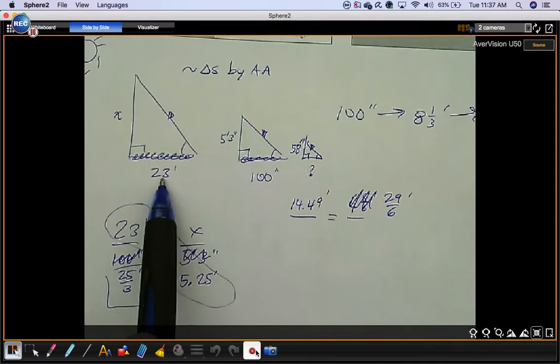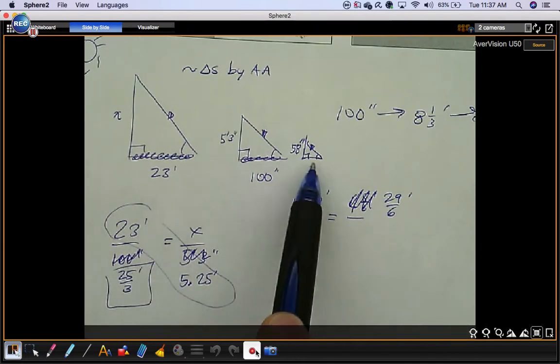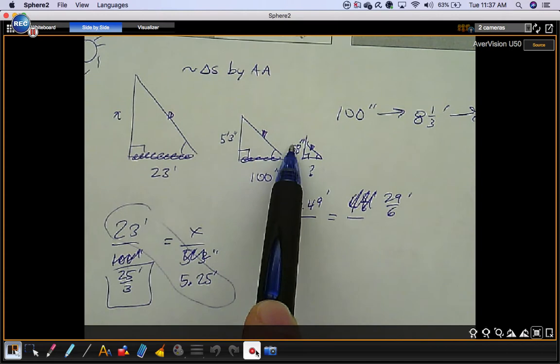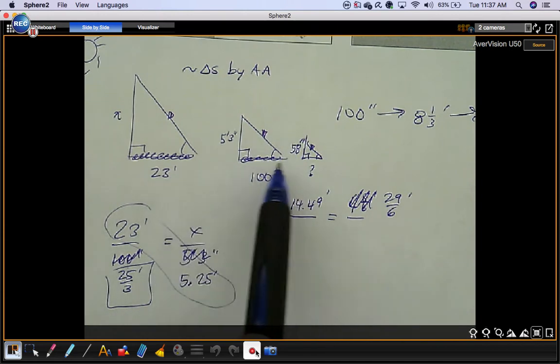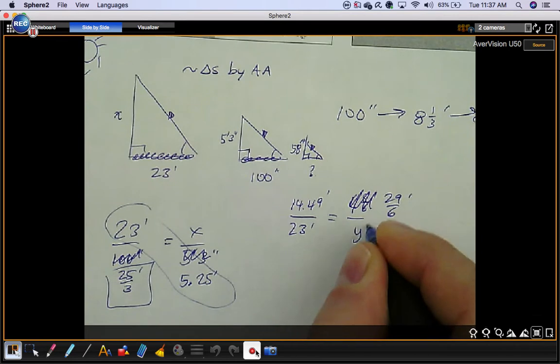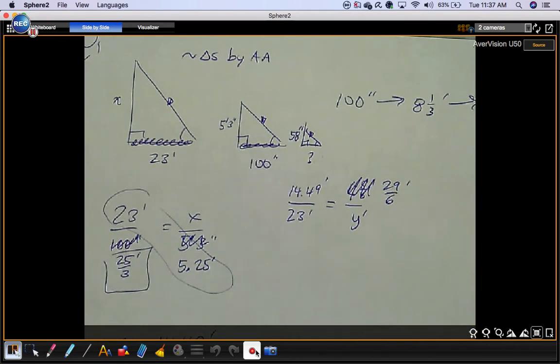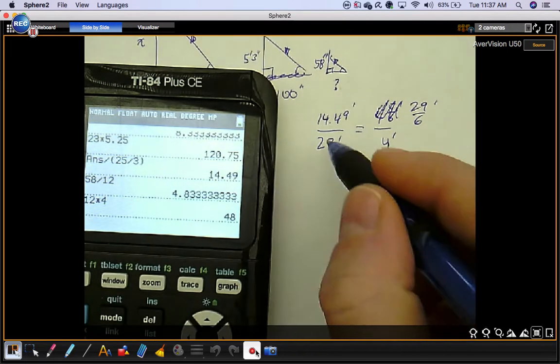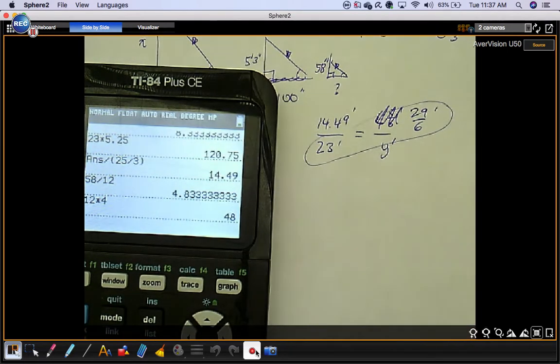Okay, back to the problem now. 23 feet compared with whatever this is. These are shadow lengths now. So we're going height to height equals shadow to shadow. We'll call it y this time. We're going to cross multiply. So we're going to take 23 times 29/6.